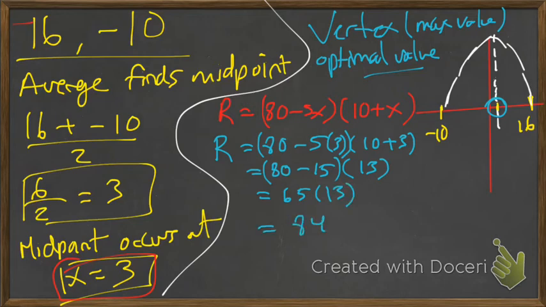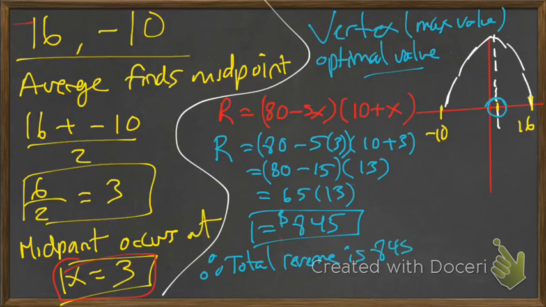This should equal around $845, I believe. This $845 is my total revenue when CDs sell at $13.